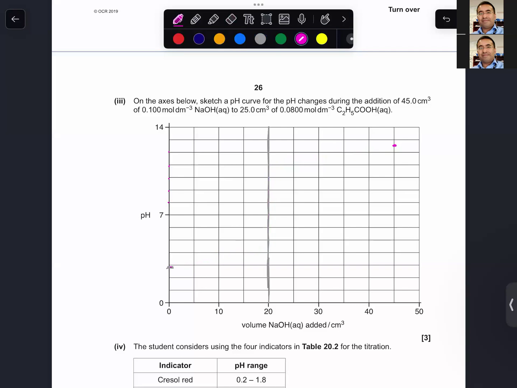So something like this. And then we got something like this. Yep, slight rise, and then almost vertical, and then a slight rise. Yep, the shape of the graph gives you 1 mark.